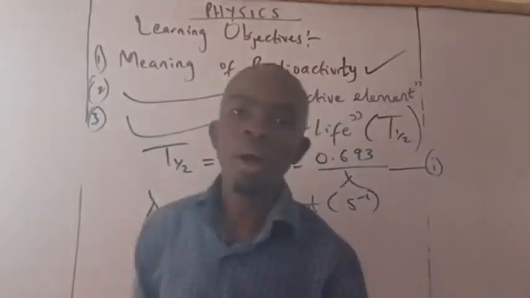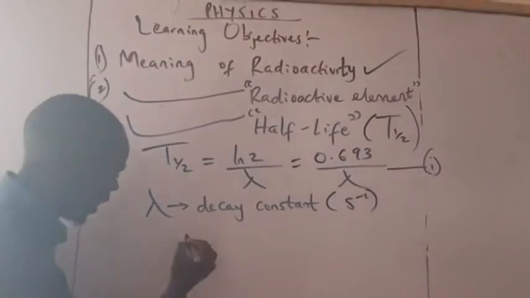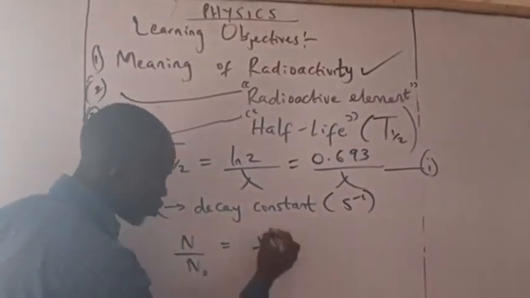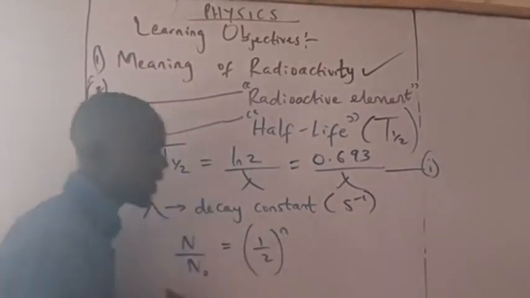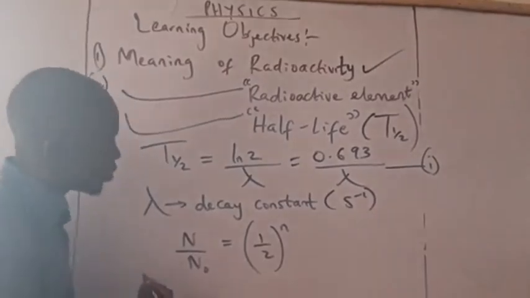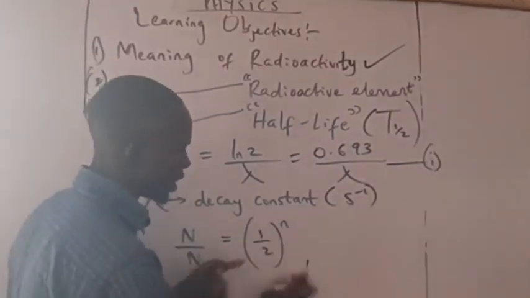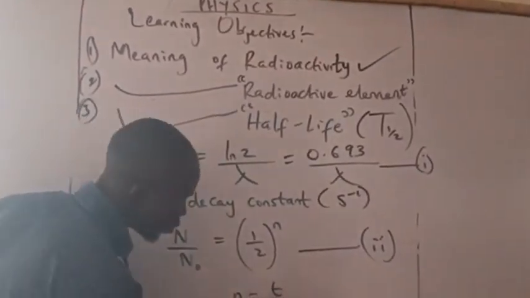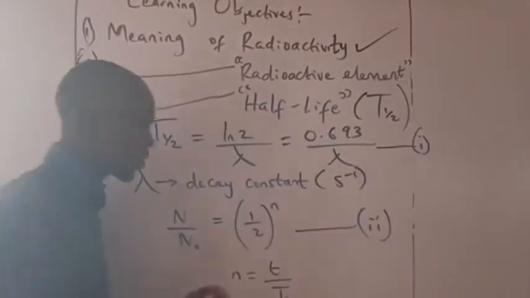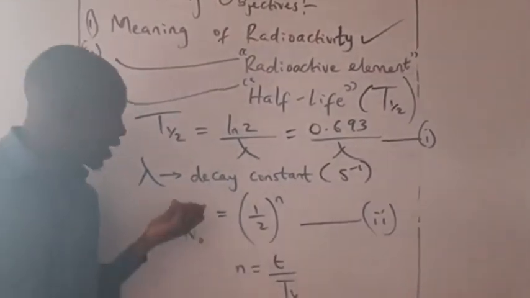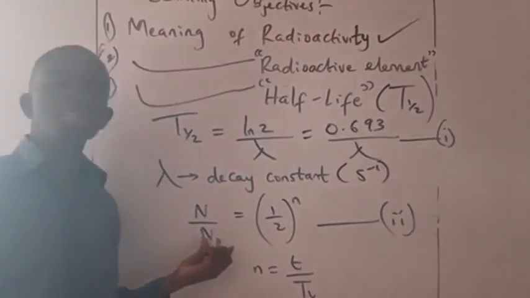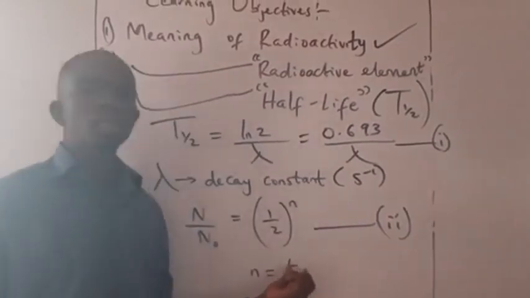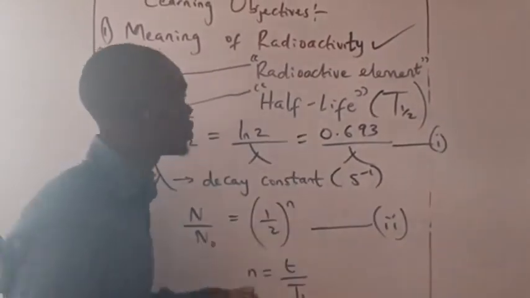The second formula for half-life is N over N0 equals 1 over 2, all raised to the power of small letter n. Let's say this is equation 2. This small letter n is t over half-life. Now, we need to know the meaning of this capital letter N, this N subscript 0, this small letter t.